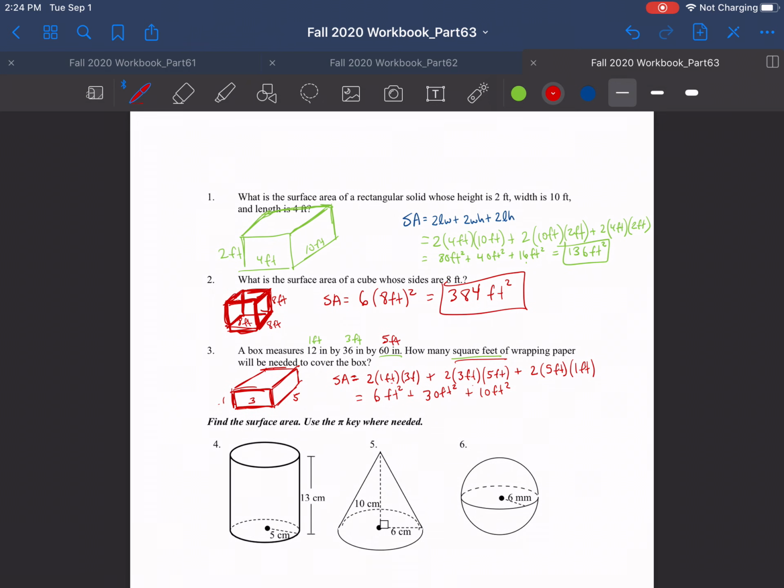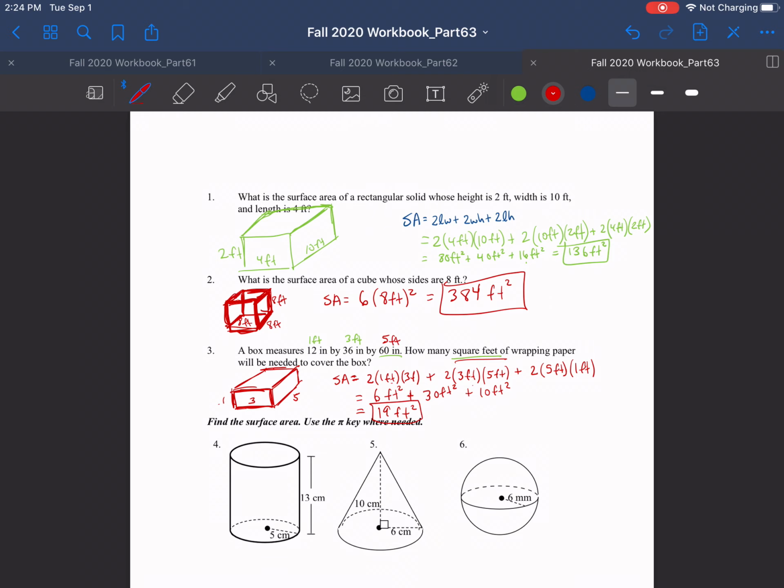So now each one of these terms is foot squared, foot squared, foot squared. So we can add those all up and just carry the foot squared along, because we're not multiplying them together, we're adding them. They're all the same, so we can add them. And then we just carry them along. We don't make them like feet to the 6th or anything like that. So we just need 6 plus 3 plus 10. So that's going to be 19 square feet, or 19 feet squared.